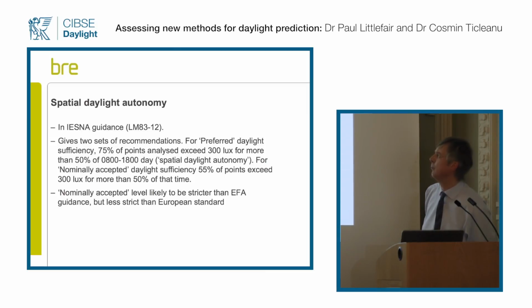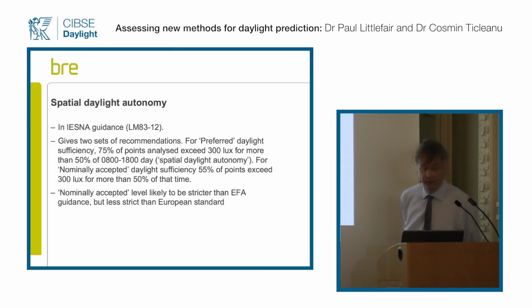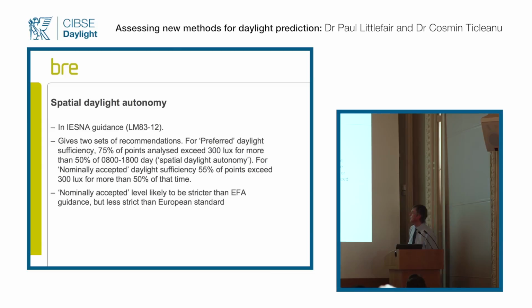And just to make it a bit more complicated, the guidance in America, which is given in the IES of North America publication LM 83-12, gives a thing called Spatial Daylight Autonomy, which is similar but different.